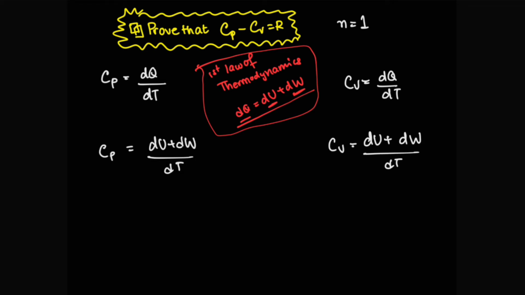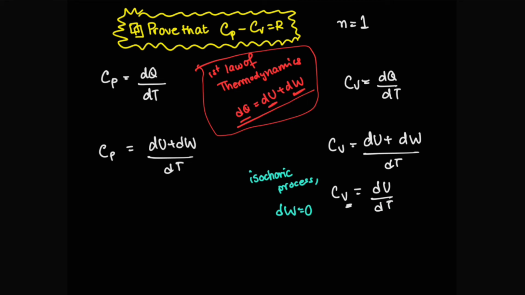But wait, we know that in an isochoric process, where the volume is constant, dw is basically 0. So for Cv, we can write du over dt is basically Cv, since the volume is constant.